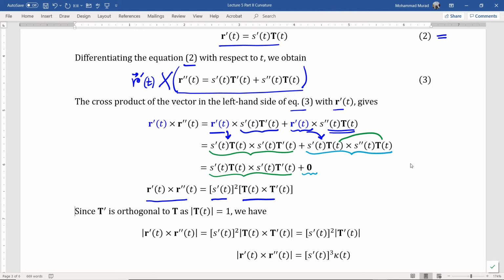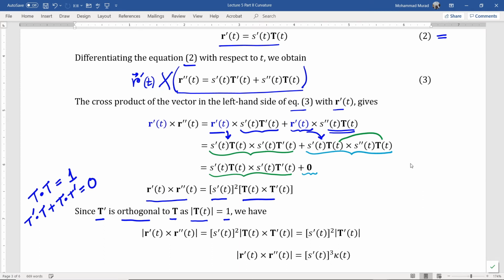Since the vector t prime is orthogonal to t, as the magnitude of the unit tangent vector is constant, it follows from t dot t equals 1. Now if we differentiate both sides, in the left hand side we obtain t prime dot t plus t dot t prime equals 0.